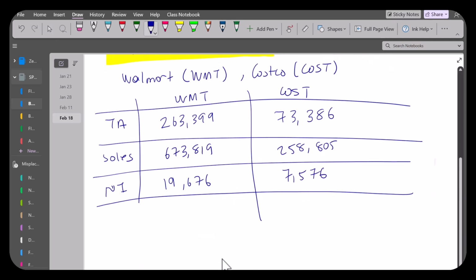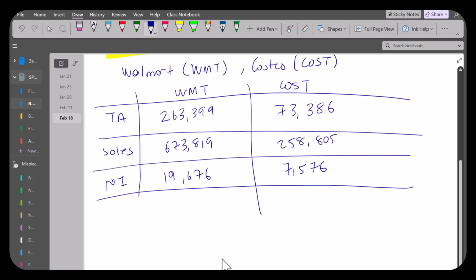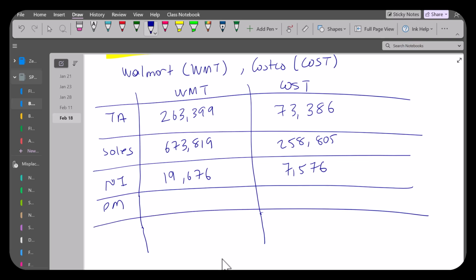You're probably thinking, why isn't he using Excel? Because I want you to see the details of these. So let's calculate some of the ratios. First PM, then TAT, then we're going to calculate ROA.